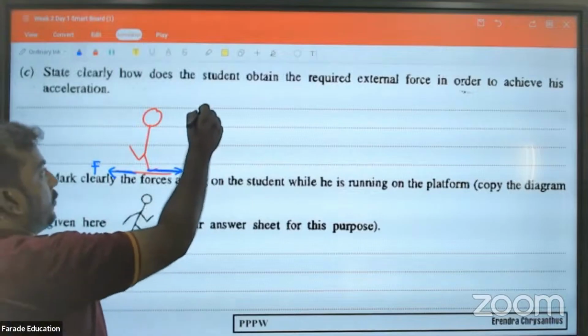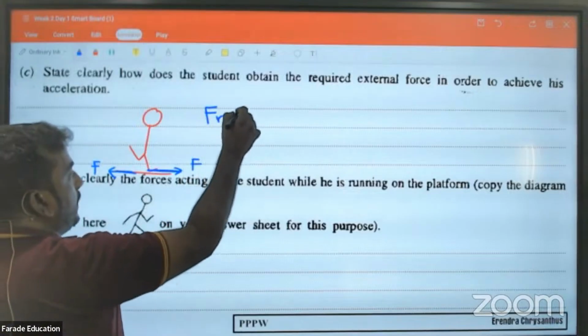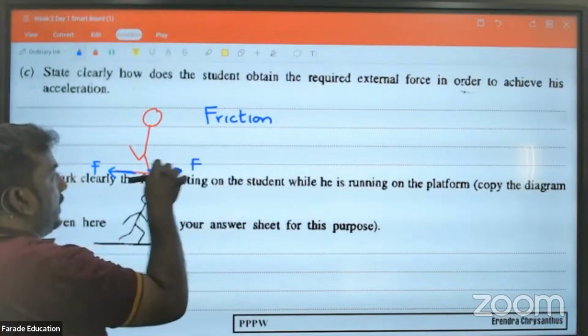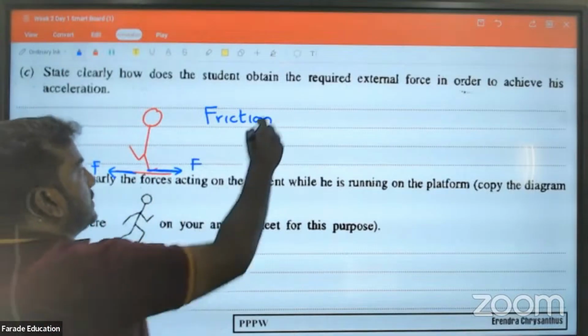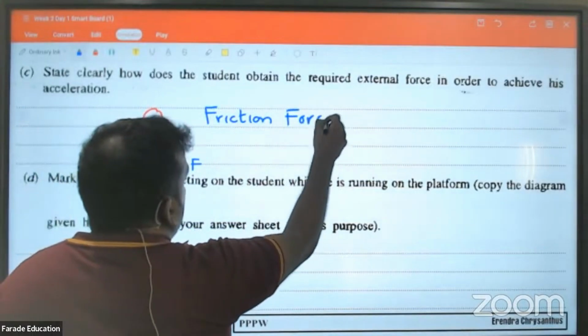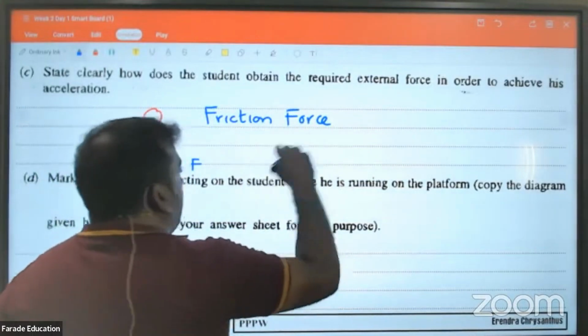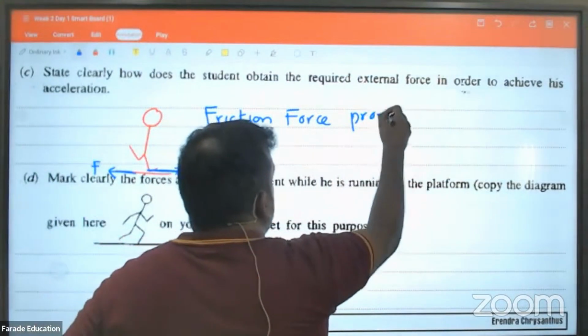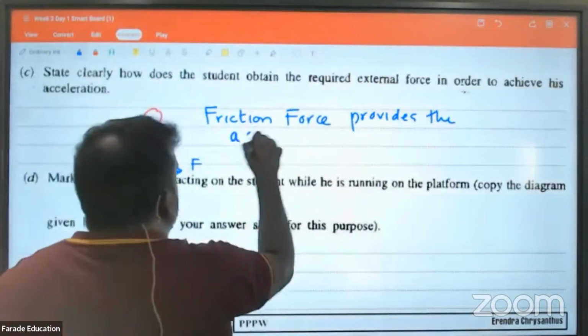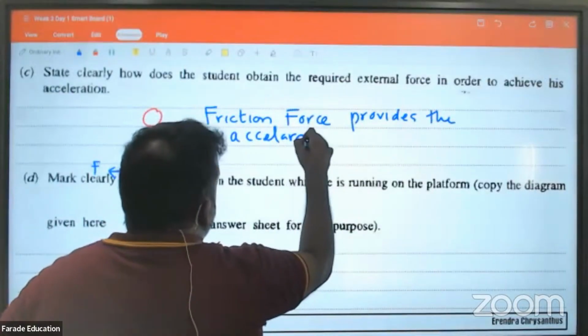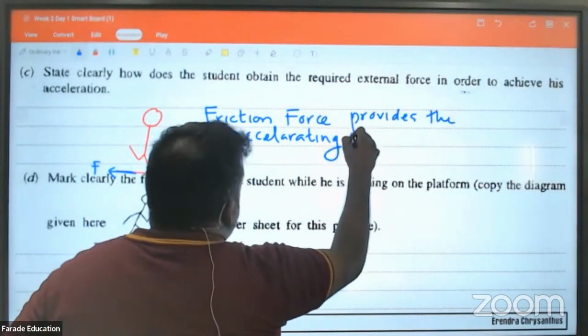So the friction force, the resultant of friction and normal reaction, actually, provides the accelerating force.